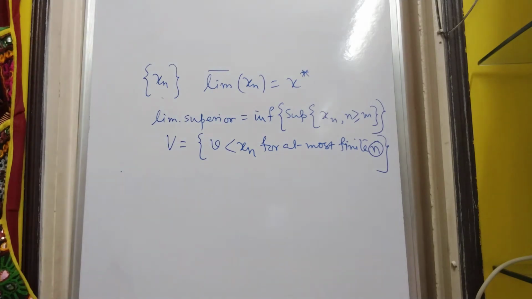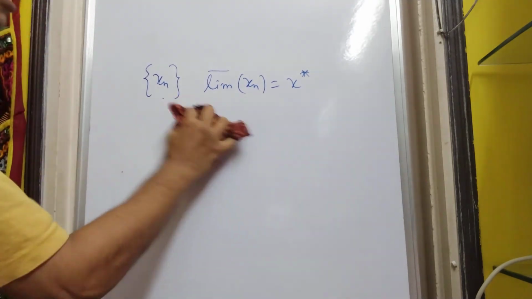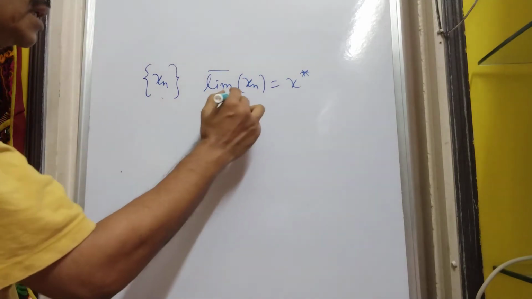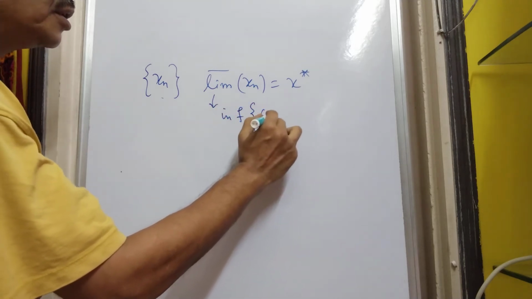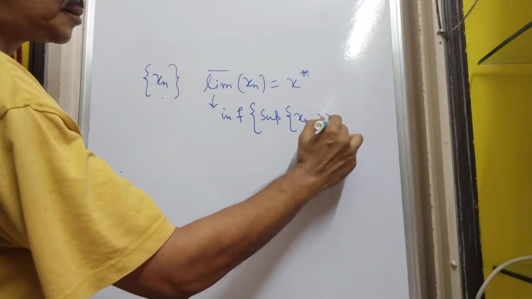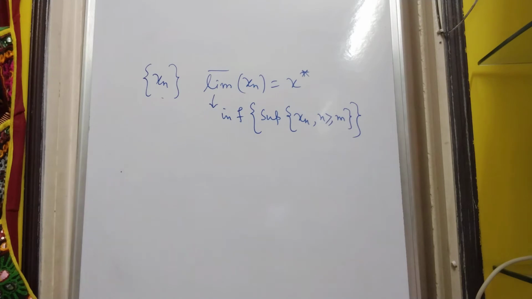Let us discuss this. We have denoted by x upper star the limit superior, and limit superior is nothing but the infimum of the supremum of the set xn such that n is greater or equal to m.